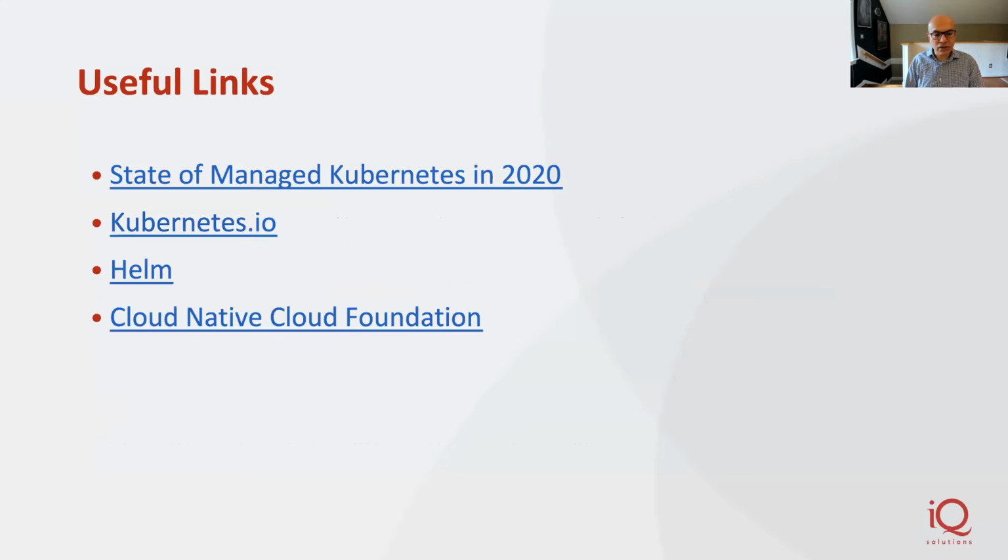So these are some links if you're getting started with Kubernetes, like the State of Managed Kubernetes in 2020. It gives you an in-depth analysis, and I'll share these slides when we're done. It also gives you a comparison of providers.